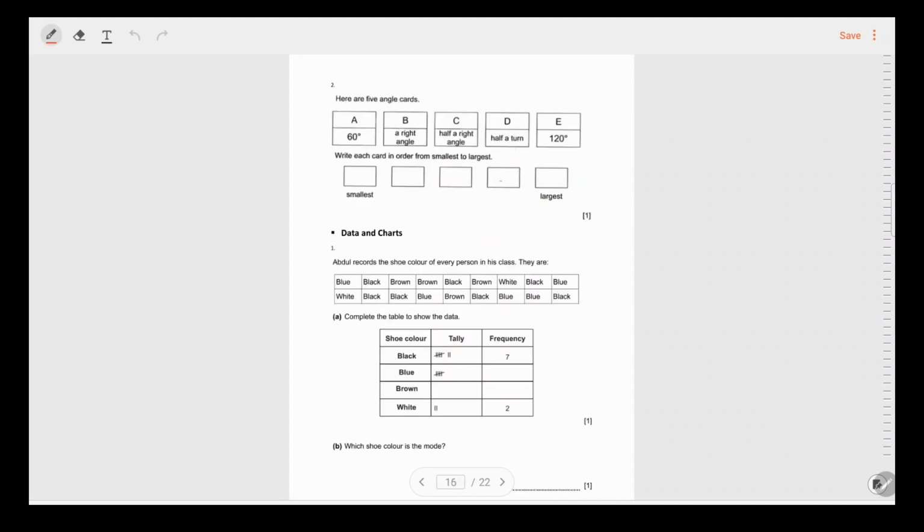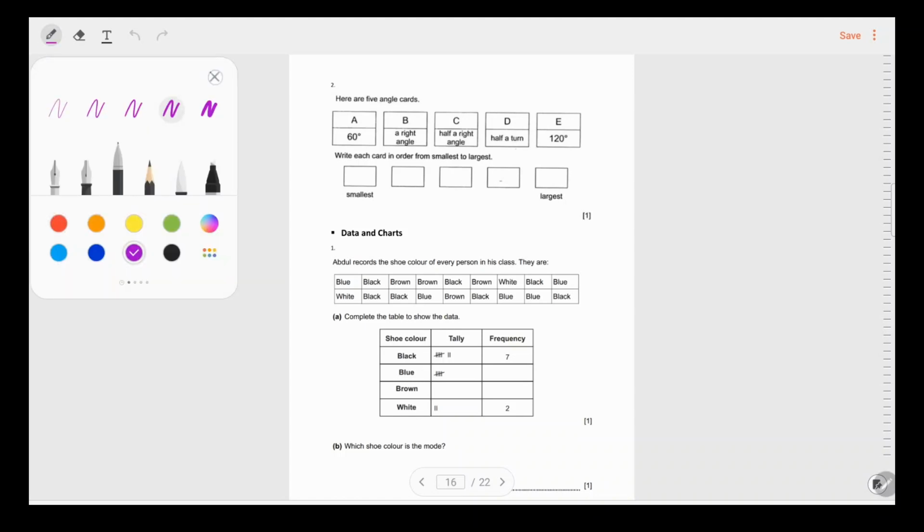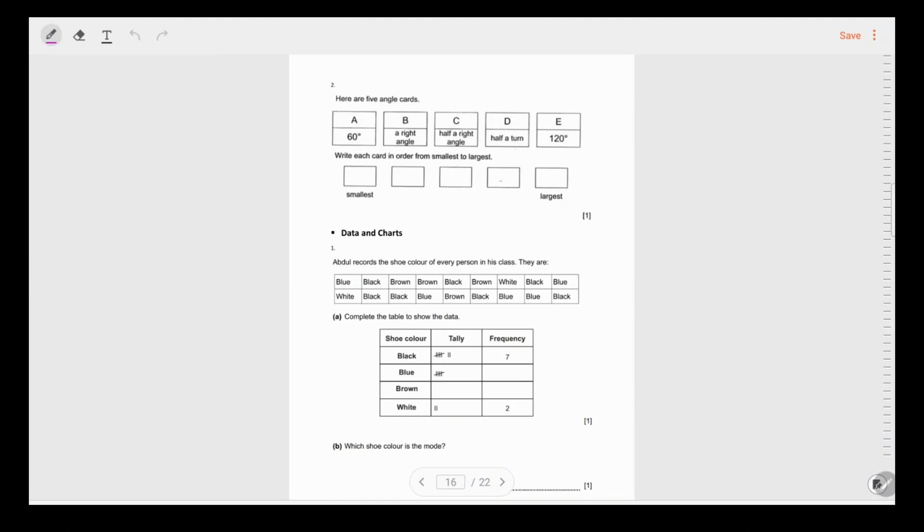The next question under angles is question number 2, where we have 5 angle cards, and again we are supposed to order them from smallest to largest. So here I will write the numerical values of each angle. B is a right angle, which means it's 90 degrees.